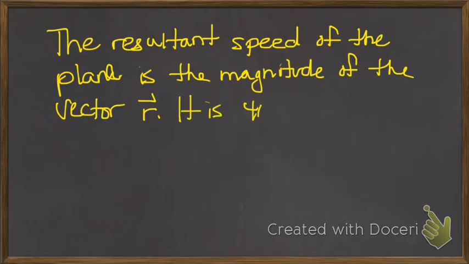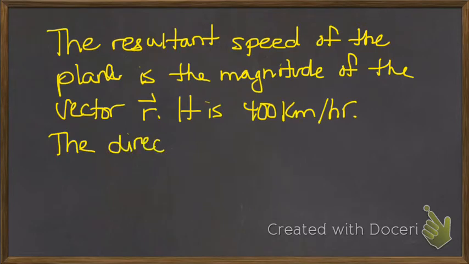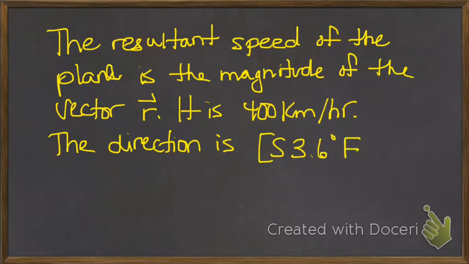It is 400 kilometers per hour. The direction is south 3.6 degrees towards the east.